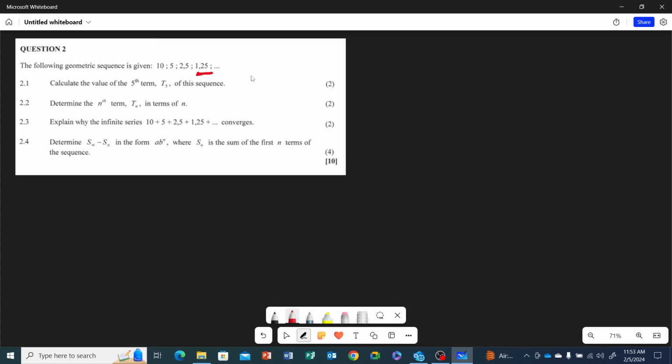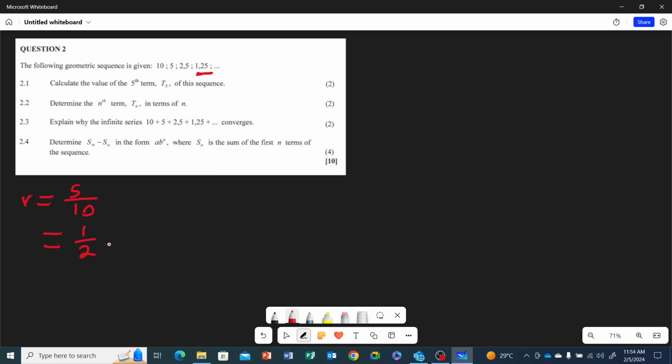What we're going to do, the first step is look for R. So R is equal to the second term divided by the first term. So we have 5 divided by 10, which is equal to 1 over 2.